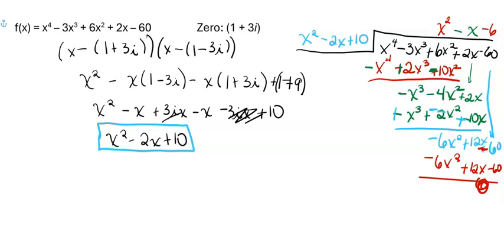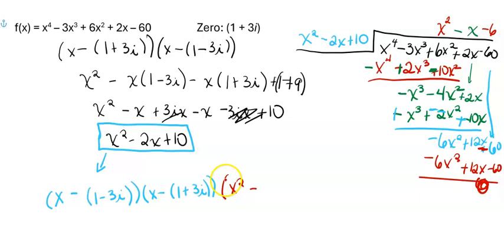So we see that it truly is a factor, and we have found the other factor. We now know that all of the factors of the original polynomial are x minus (1 minus 3i) times x minus (1 plus 3i) and x squared minus x minus 6, which factors into x minus 3 times x plus 2.